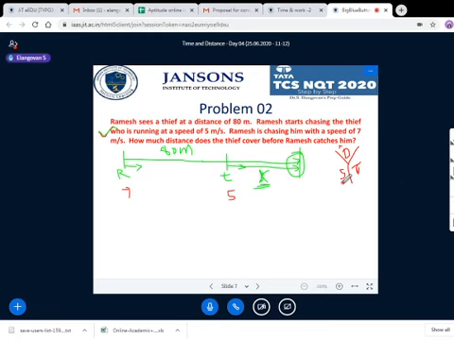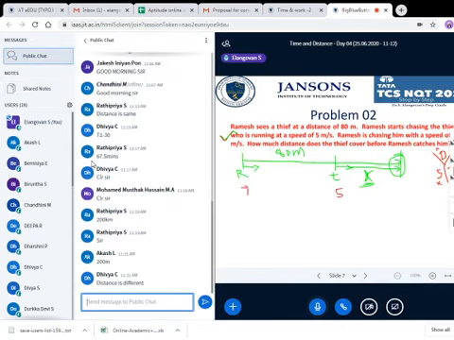Yes, so its speed is also not same. Whether time is same? Yes, time is same. How? Distance is different. Okay.